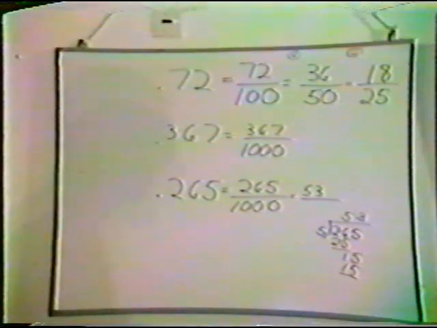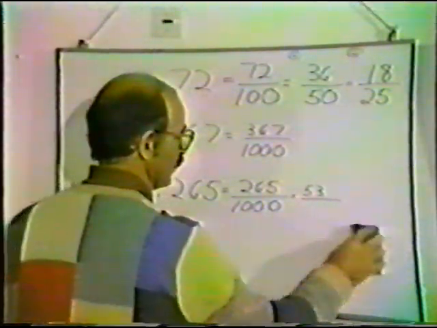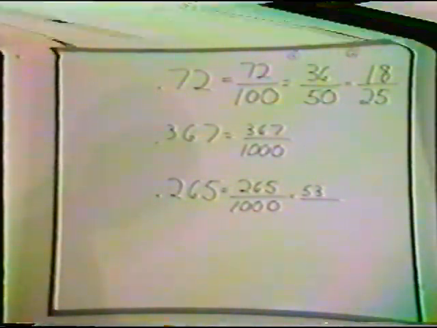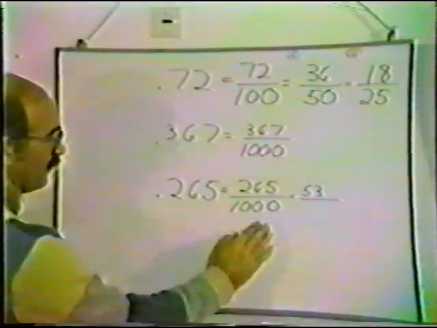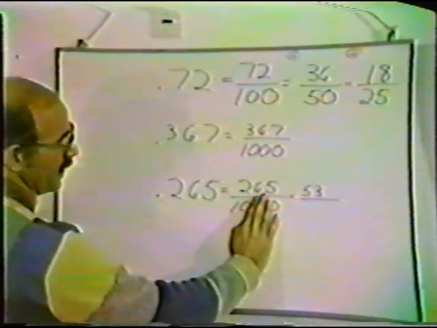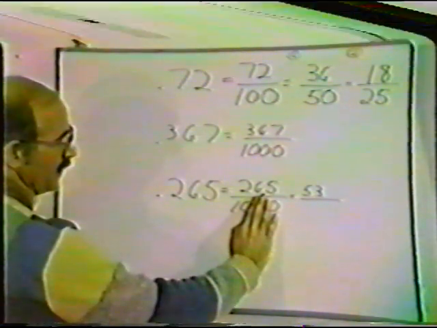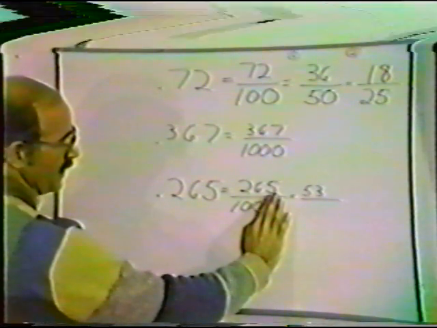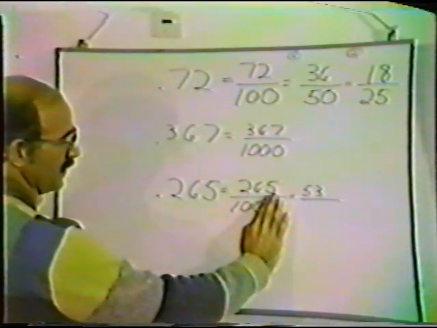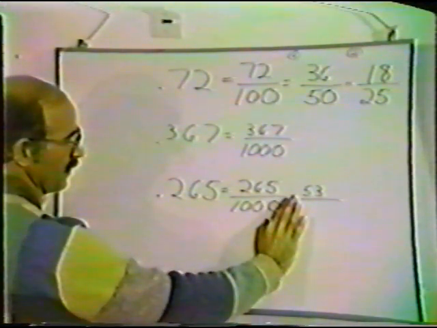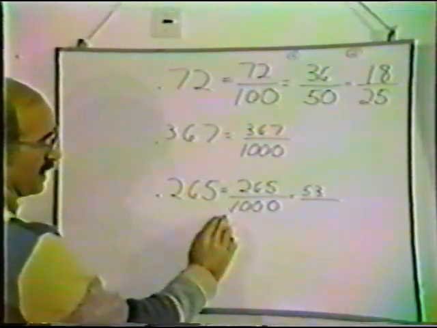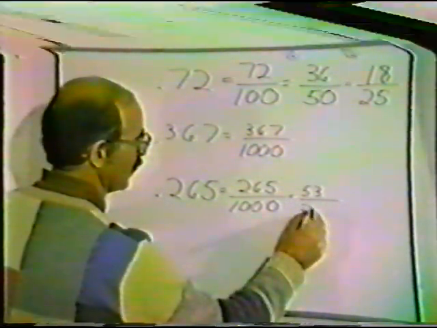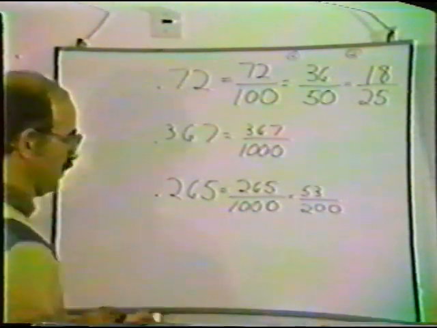Now we have to divide 5 into 1,000. But we can do that the short way. We see that the 5 will go into 10 how many times? 2. If it were 100, instead of 2, it would be 20. And since it's 1,000, instead of 20, it's going to be 200. 5 into 10 is 2, and 0, and 0. 53 over 200.